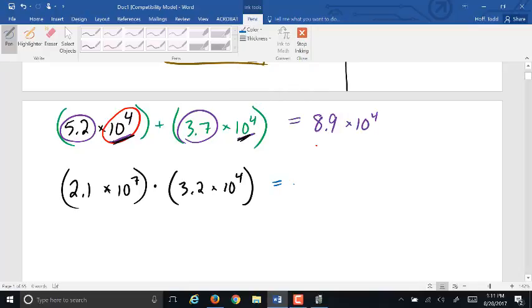Well, 2.1 times 3.2 is 6.72 if I combine the counts, but I'm also going to combine the names. Now we'll go over this in a few weeks. 10 to the seventh times 10 to the fourth is 10 to the 11th. So the same rules apply to all different forms of numbers.